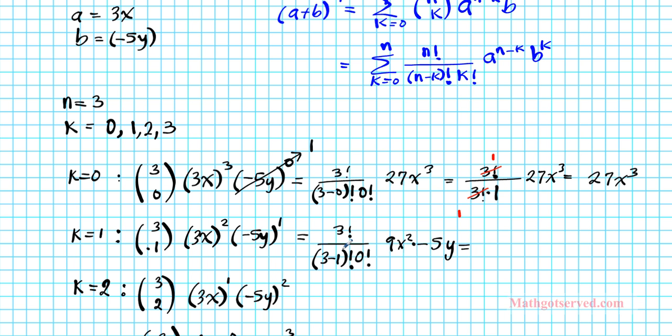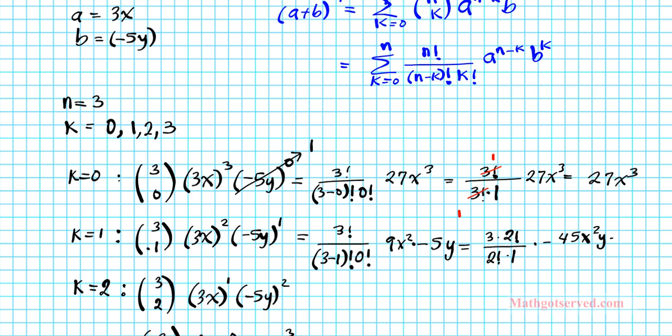This one, you're going to do some work here. You have 3 factorial over 3 minus 1 is 2 factorial, so I express this as 3 times 2 factorial, stop. Why do I stop at 2 factorial? Because the smaller factorial at the bottom is 2 factorial, so we'll stop there, okay? 0 factorial is 1. 9 times 5 is 45, so we have times negative 45 x squared y, okay?